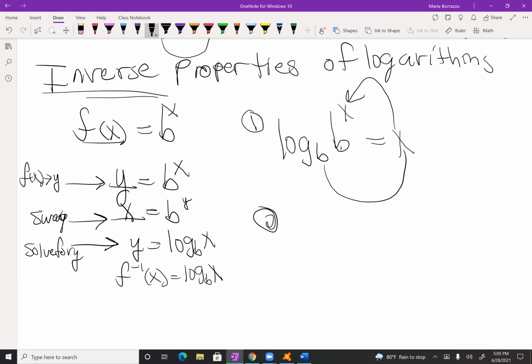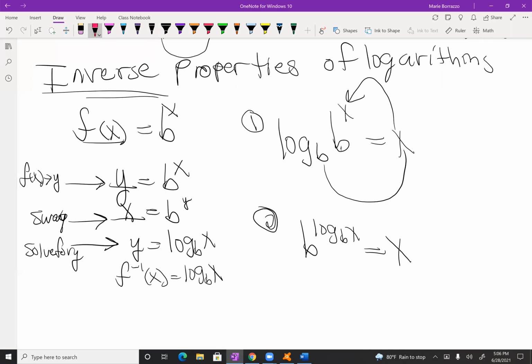And the second property they want us to identify is that if I have b raised to the log base b of x, then the answer here would have to be x itself, because everything else cancels. With that said, let me give you these two examples.